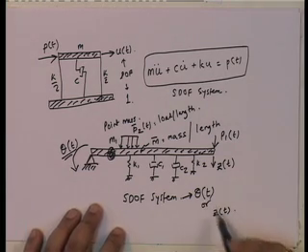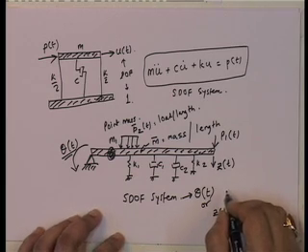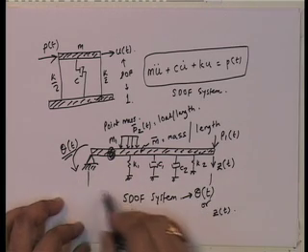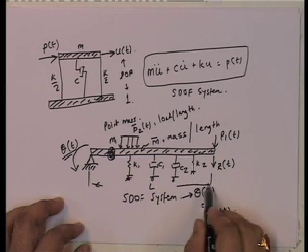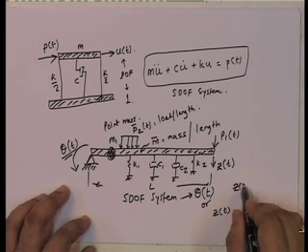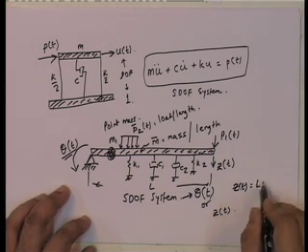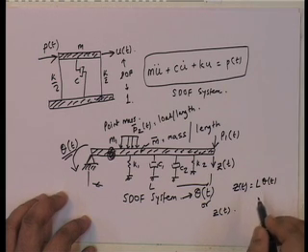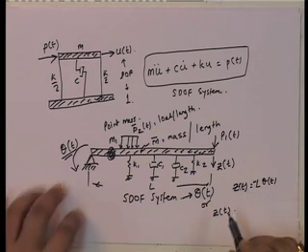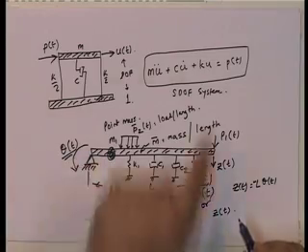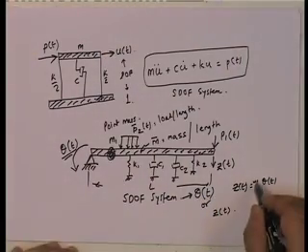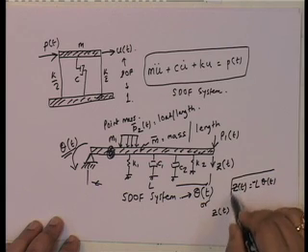Note that they are not independent degrees of freedom, because if I call this length L, then we know that z of t is equal to L theta t, well, minus L theta t, because if theta t is positive in this direction, it will go up in that direction. So, they are related to each other.